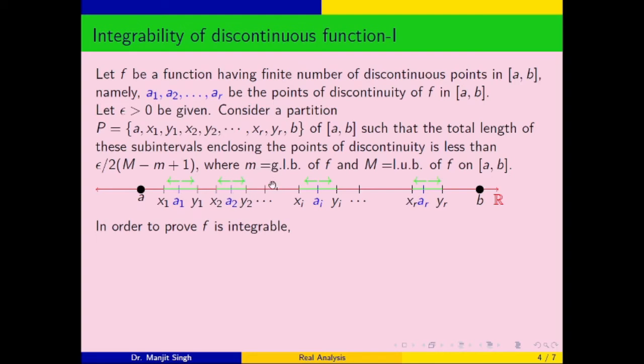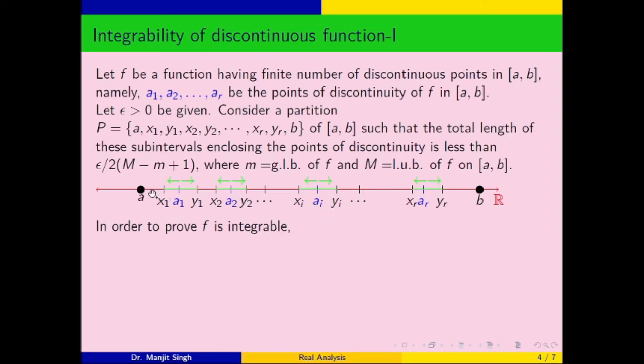So in this situation we have two types of subintervals of this partition P. One kind encloses these points a1, a2, ..., ar, and the total length of these subintervals can be made as small as we like. The other kind is the rest of the subintervals, [y1, x2], and the others [yi, xi plus 1], and so on.